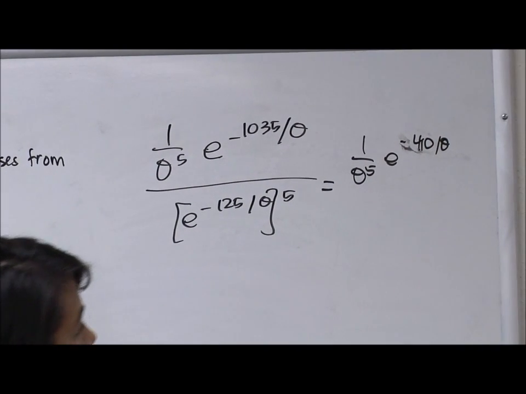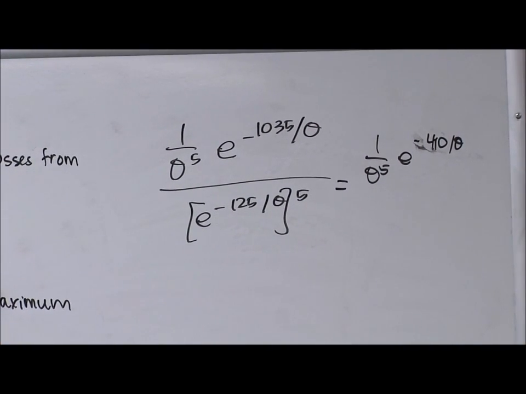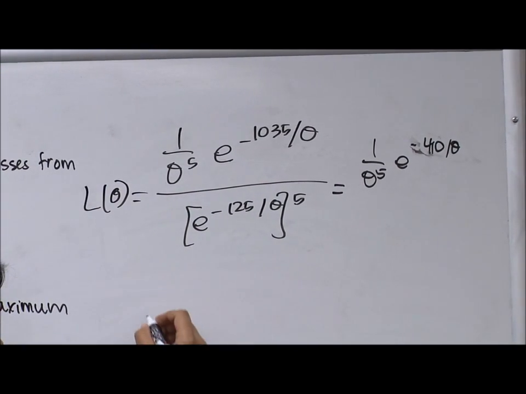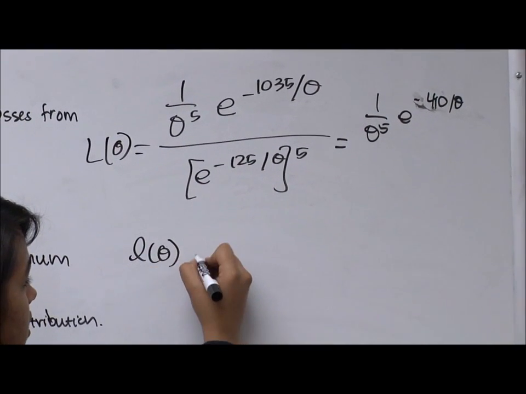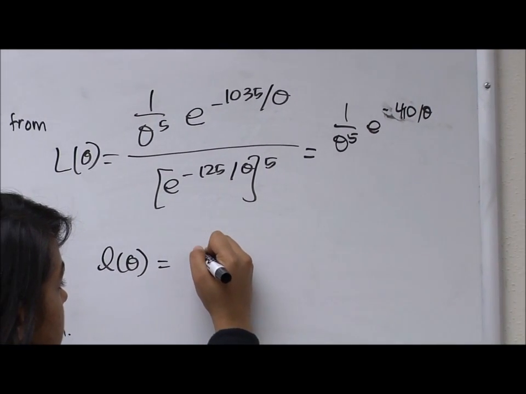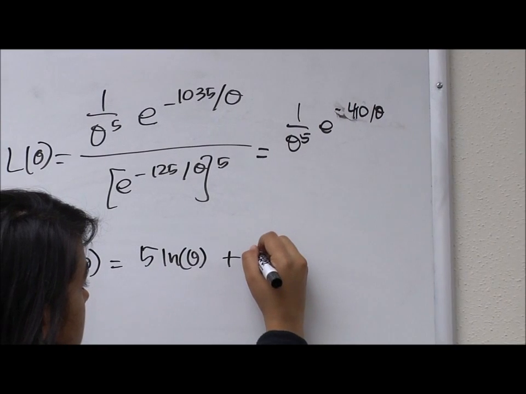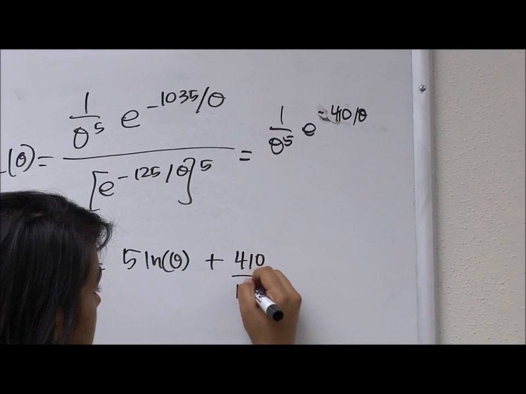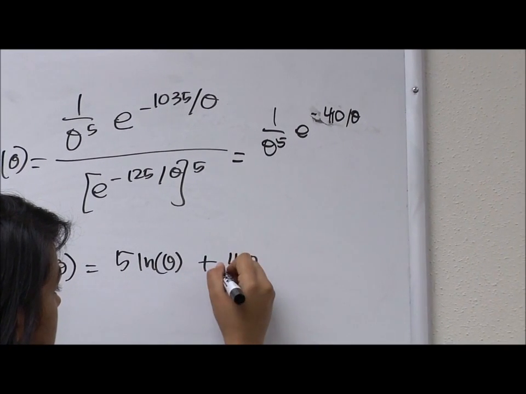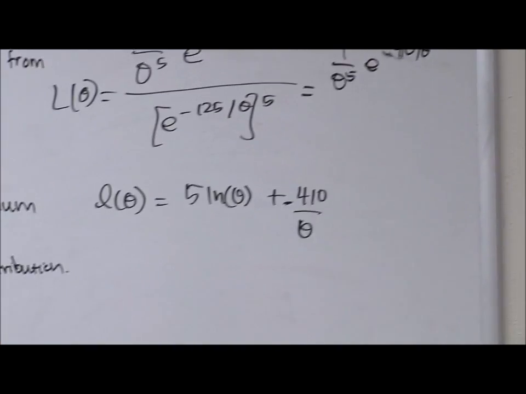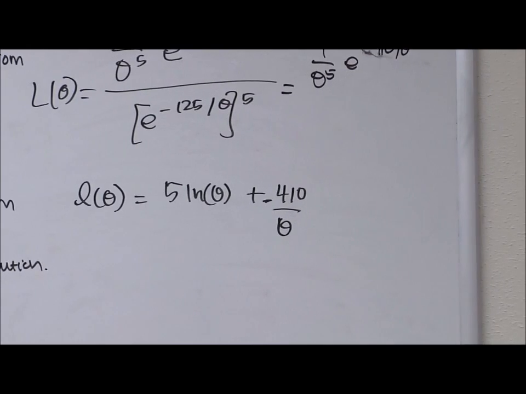And so now we'll need the log likelihood function, and that's just taking the ln of your likelihood function. And so you'll take the derivative of your likelihood function with respect to theta.